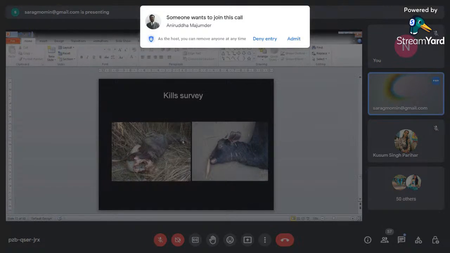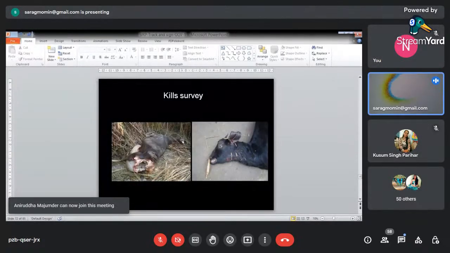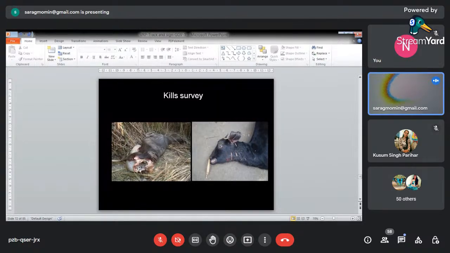Impossible. Only the tiger can kill a domestic buffalo. So if you find a dead carcass of a buffalo, you can confirm the presence of a tiger in that area.